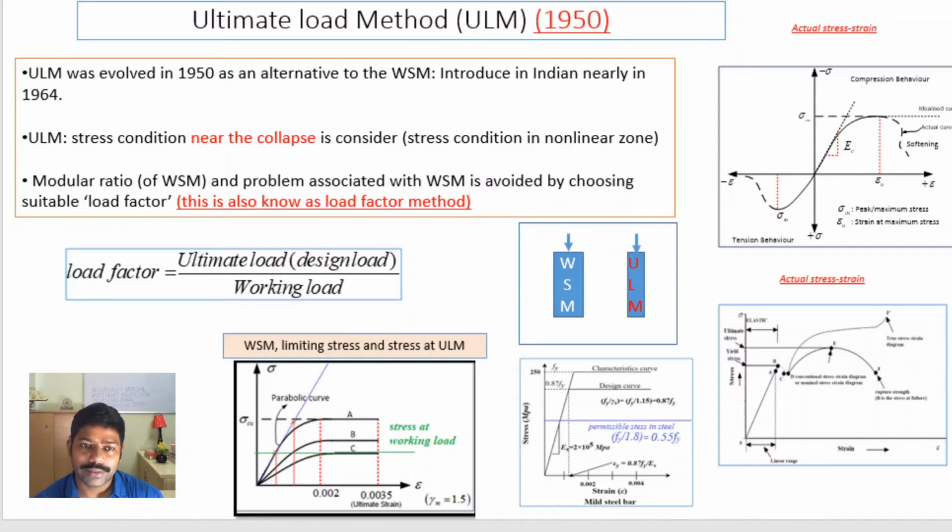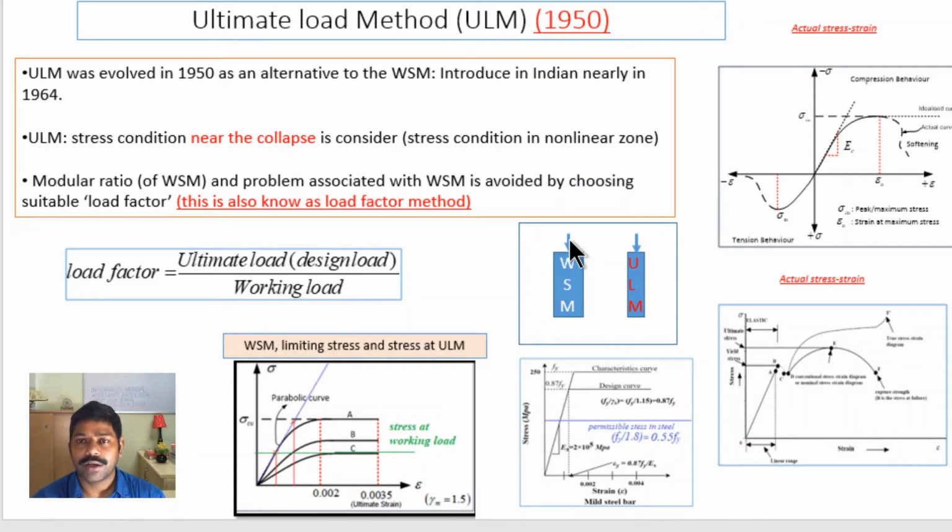If you look at this example, this was one column. If load P is constant, then in the working strain method, since we are allowing lower stress, the cross-sectional area will be larger. In the ultimate load method, since we are allowing the stress to reach near collapse, the cross-section will reduce. Since the cross-section is reduced, it will be economical.